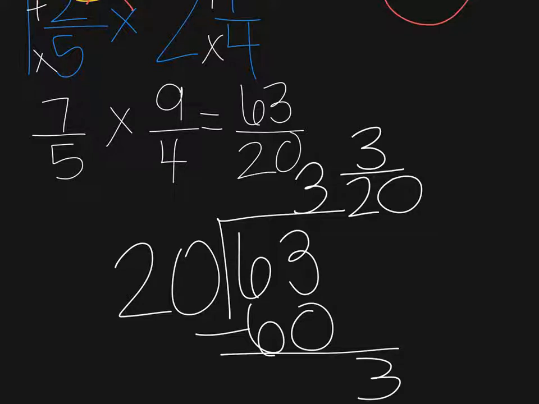So number 3, let's take a look at number 3. I need somebody to read me the problem, please. 2 times 2 and 1/4. Okay, we have 2 times 2 and 1/4. So we have a whole number times 2 and 1/4.